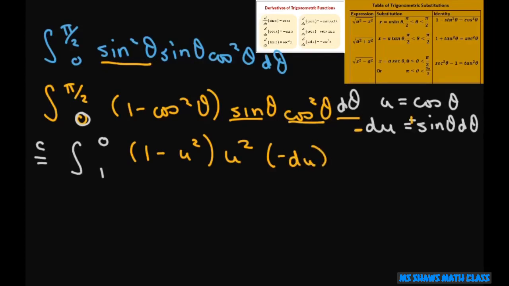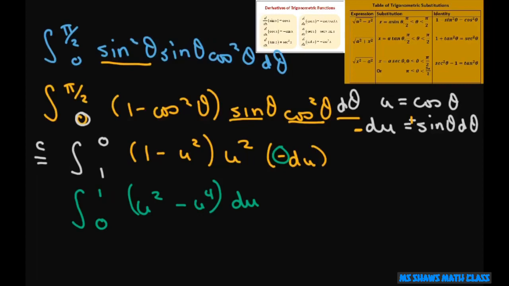And to get rid of the negative, since that's negative, I can switch my integral around from 0 to 1 like that, and I'm going to distribute, so you're going to get u squared minus u to the 4th du.